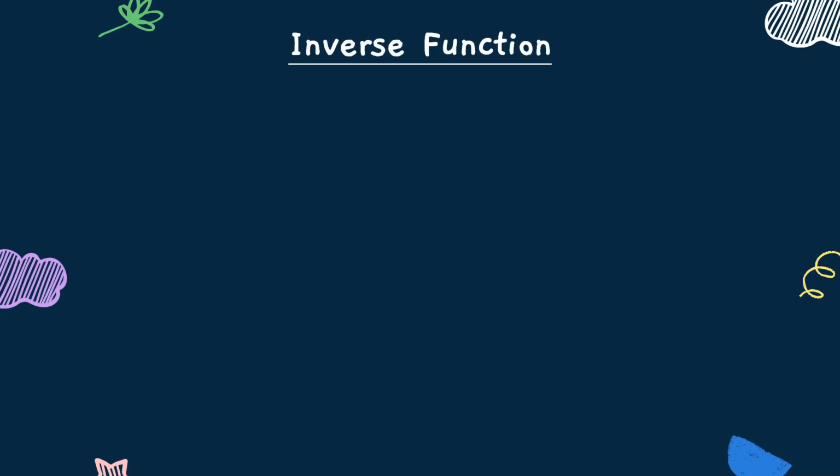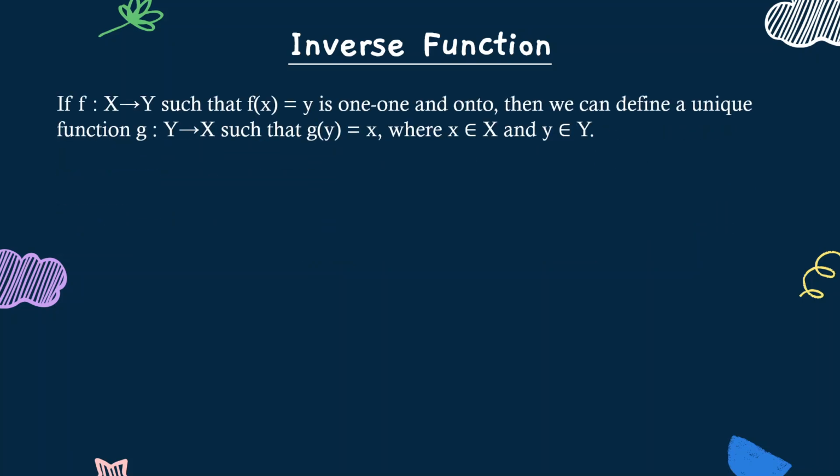The definition of inverse function goes like this. If I have a function f from X to Y such that f of x is equal to y, and this function f is 1-1 and onto, then we can get a unique function g from Y to X such that g of y is going to be x, where small x is from the domain of f and small y is from the codomain.